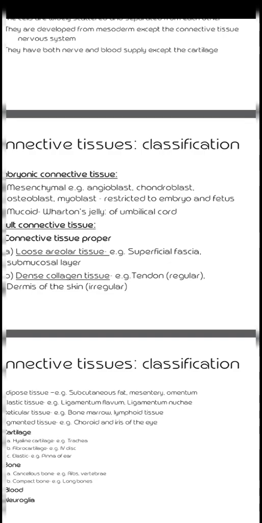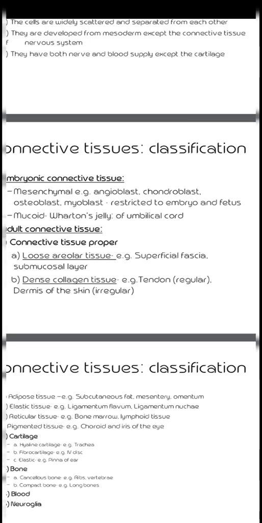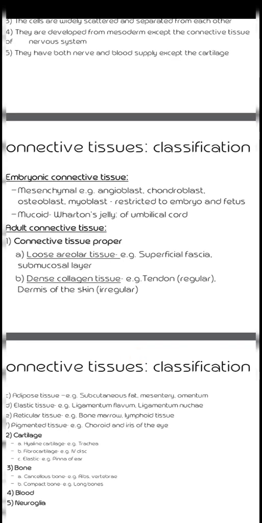Whenever a person is delivered from the uterus, when the cells are mature, the names of these change, like angiocyte, chondrocyte, osteocyte, myocyte. Okay, another type of embryonic connective tissue is mucoid tissue.